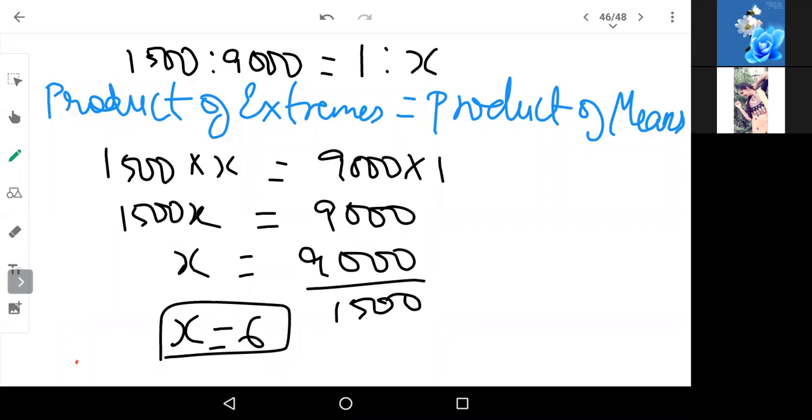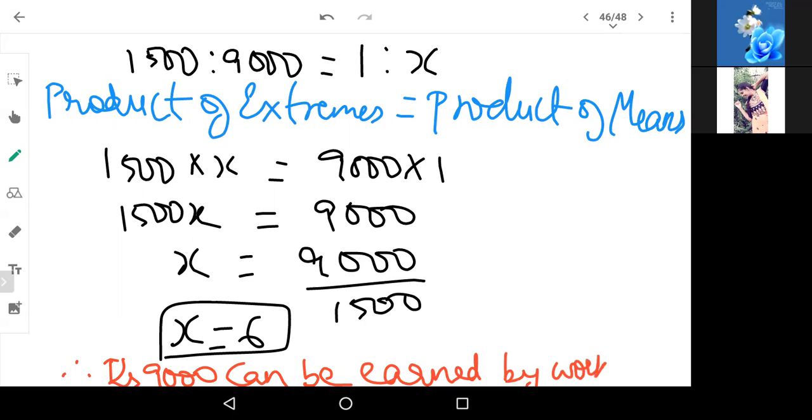Therefore, rupees 9000 can be earned by working 6 weeks. By working for 6 weeks, they will be able to earn rupees 9000.